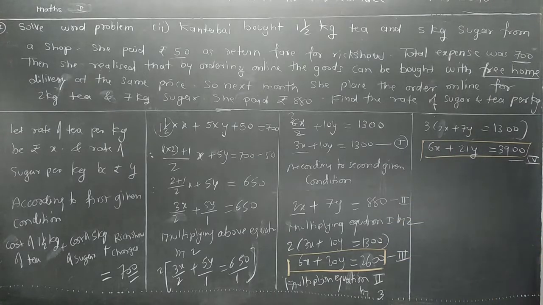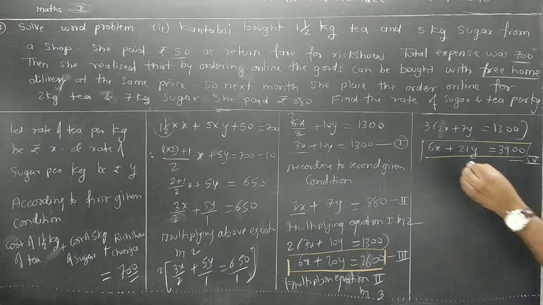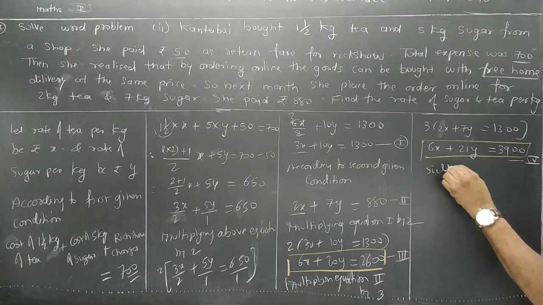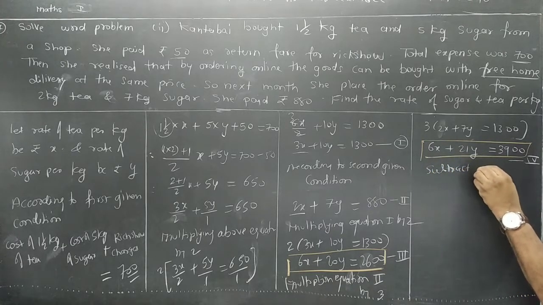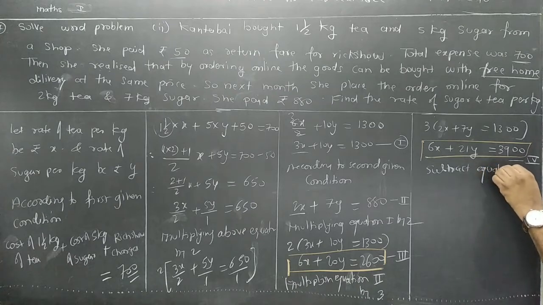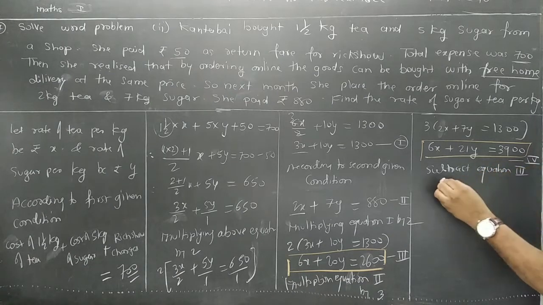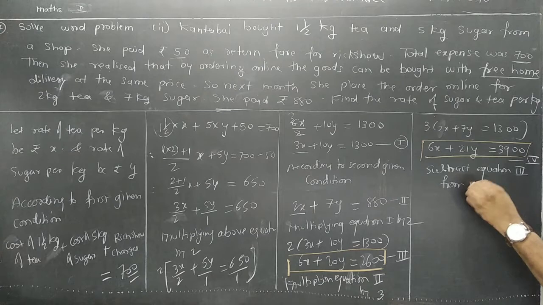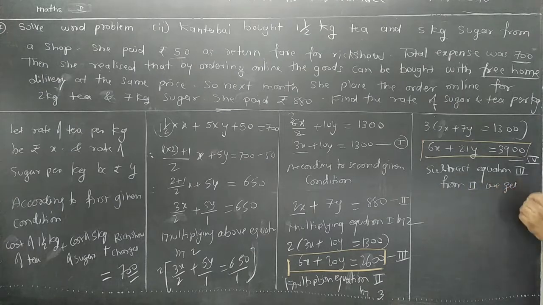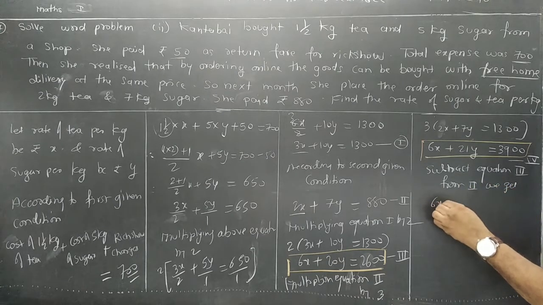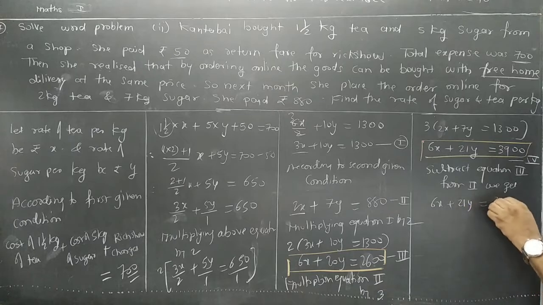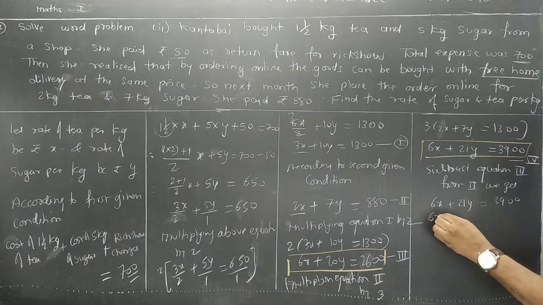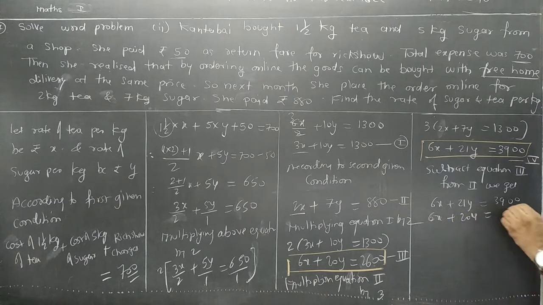6x, 6x. So what will I do? I will subtract equation 3 from 2. What do you get now? 6x plus 21y is equal to, and 6x plus 20y is equal to 2600.